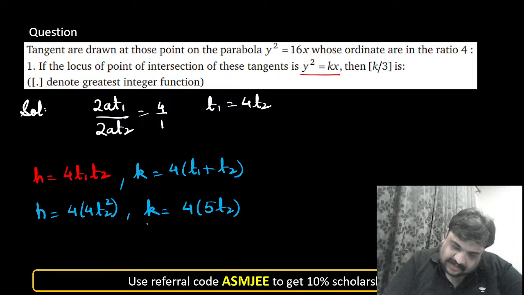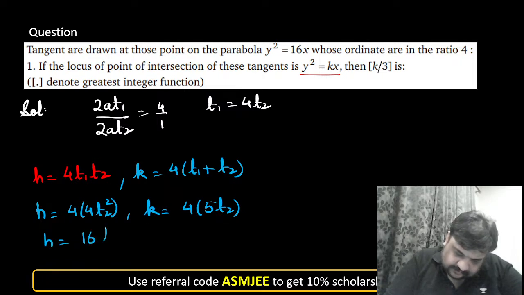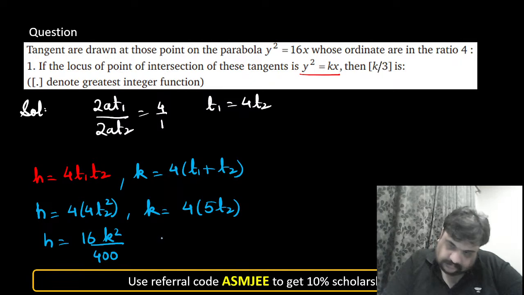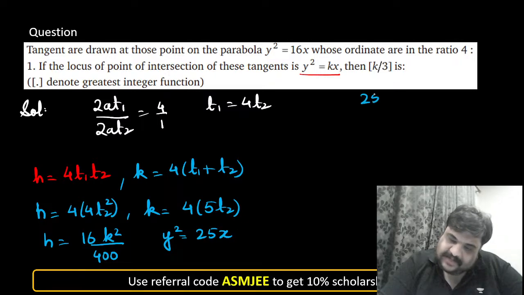So t2 is k by 20. So y square is 25x. So 25 by 3 box is the answer.